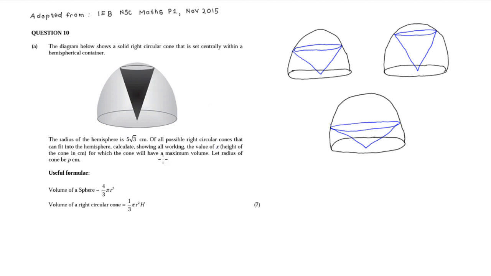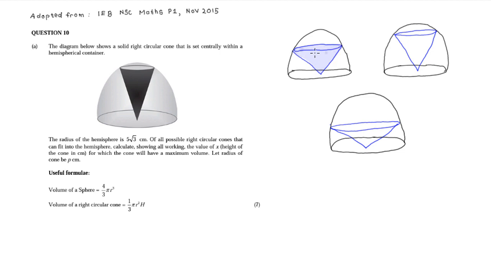Just going back to this statement that says of all possible right circular cones, what they basically mean is that, as you can see with my sketches, you can inscribe a cone in this hemispherical container, which could be like this. You can choose your base to be these two points over here, and then you'll have a medium fat cone like this.